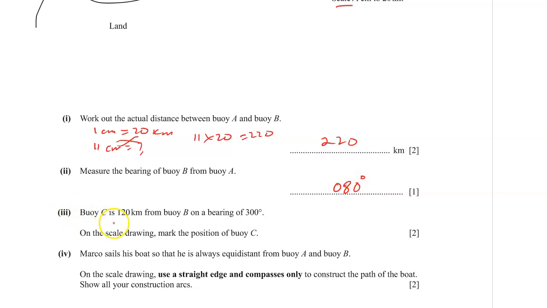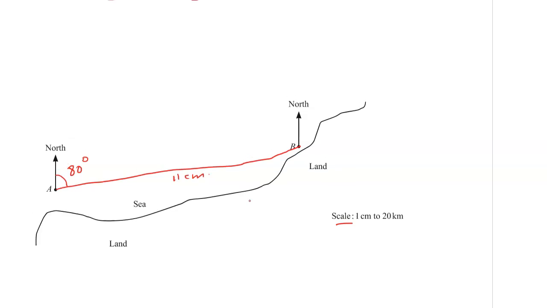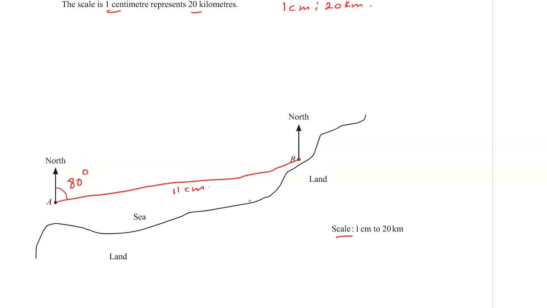Buoy C is 120 kilometers from buoy B on a bearing of 300 degrees. From buoy B, 300 degrees. Of course, you use your protractor.